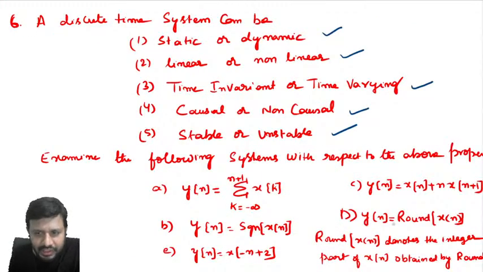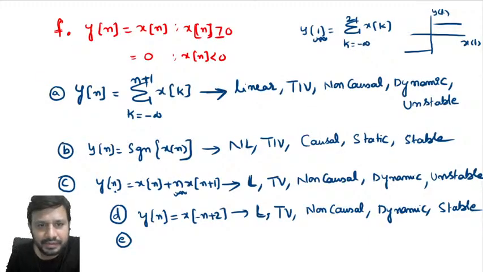The next one is y of n is equal to round of x of n. He's saying, what is round? Round of x of n denotes the integer part of x of n obtained by rounding.